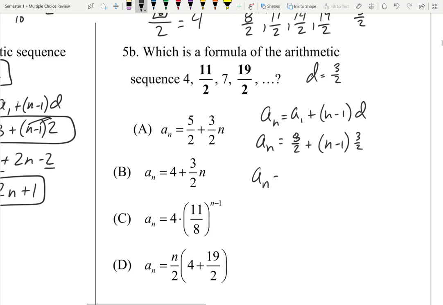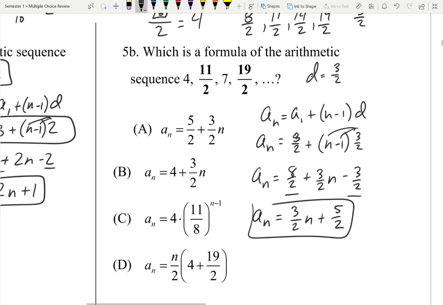So we'd get a sub n equals 8 halves plus 3 halves times n minus 3 halves, because we're distributing that. And now we combine our like terms and we'd get a sub n equals 3 halves times n, and 8 halves minus 3 halves makes 5 halves. So that looks like a to me.